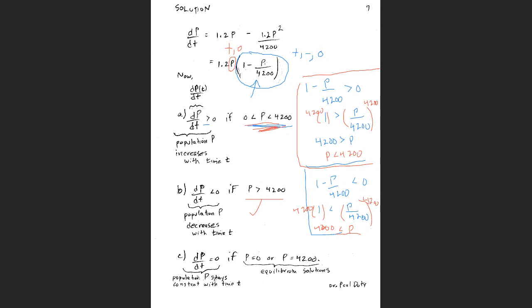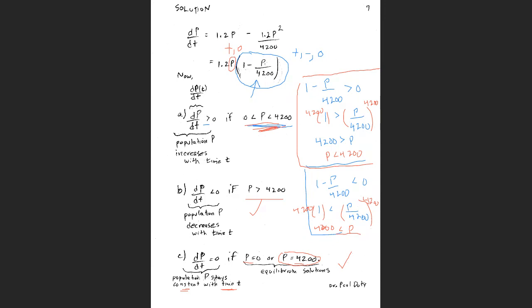Okay. Then finally, the derivative will equal 0 if p is equal to 0 or p is equal to 4,200. So 4,200 is what's called a carrying capacity for the population. If the population reaches 4,200, then the growth rate of the population is equal to 0, and that means the population stays constant with time t.